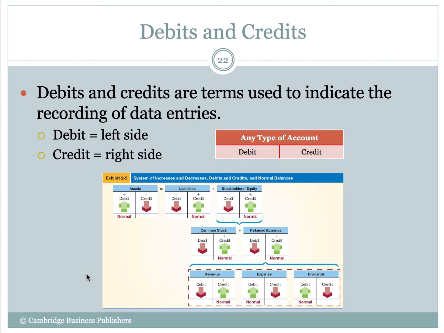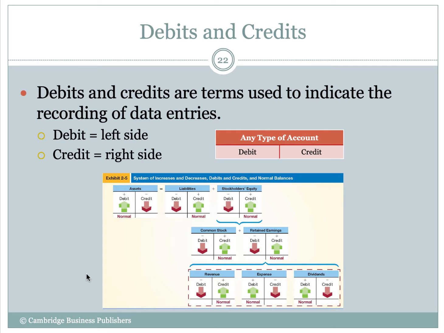Retained earnings. Retained earnings also increase with the credit, decrease with the debit. Credit is the normal balance side. Okay? Or I apologize, all three of them behave the same way.